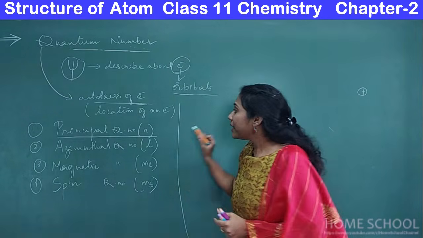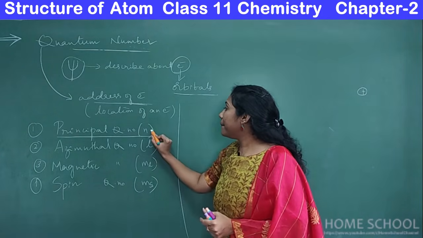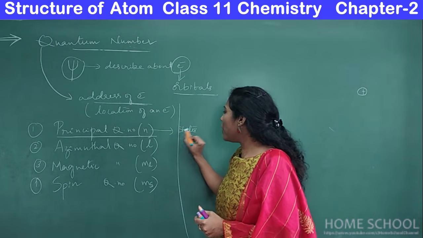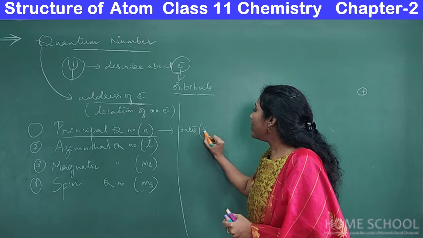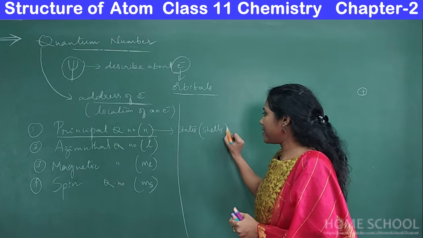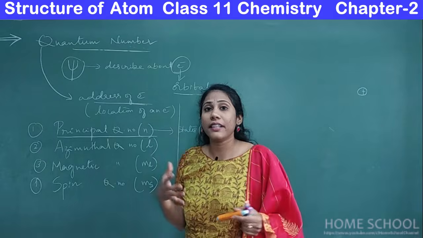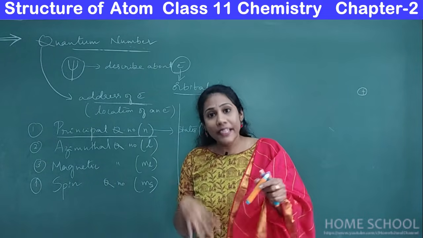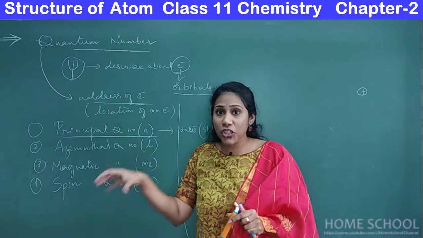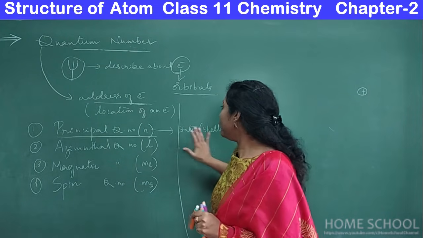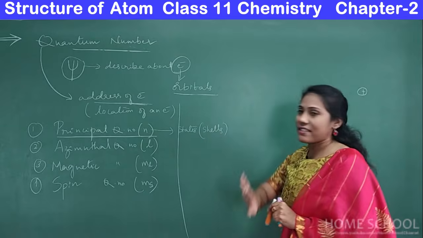Here the principal quantum number is talking about the states, but instead of calling them states, I will call them shells. A country is divided into many sub-regions called states, so the principal quantum number will talk about the shells.